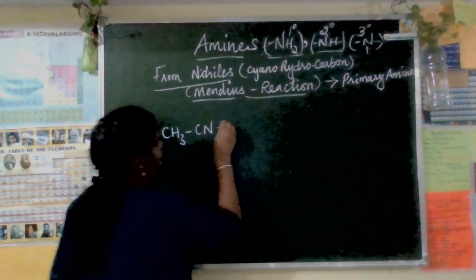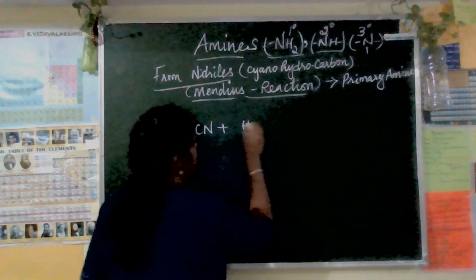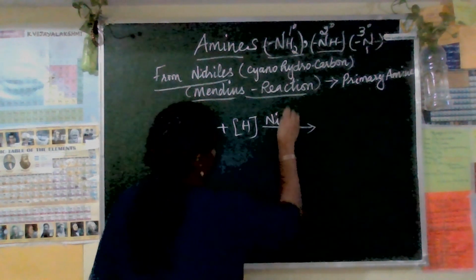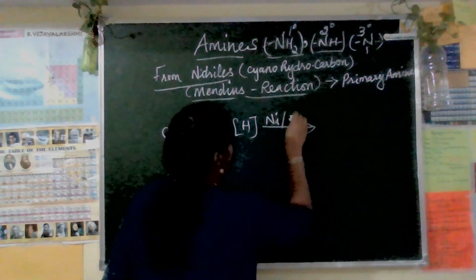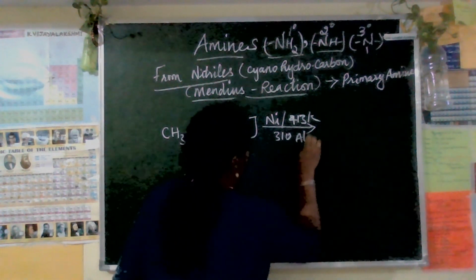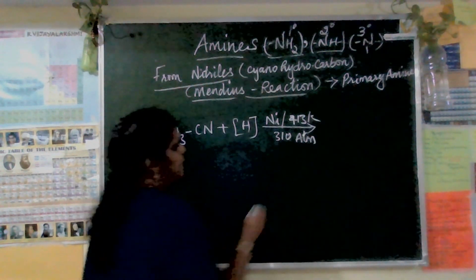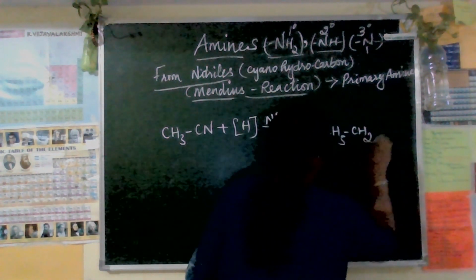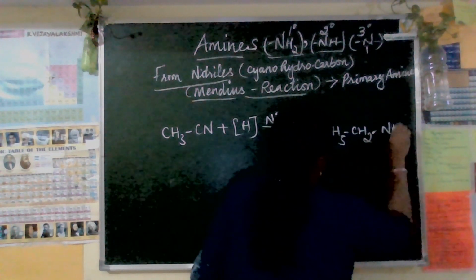Methyl cyanide combined with hydrogen, the reduction process I mentioned. So here what happened? Nickel acts as a catalyst at 413 Kelvin, 310 atmosphere. Okay, now what happened? You will get CH3CH2NH2.